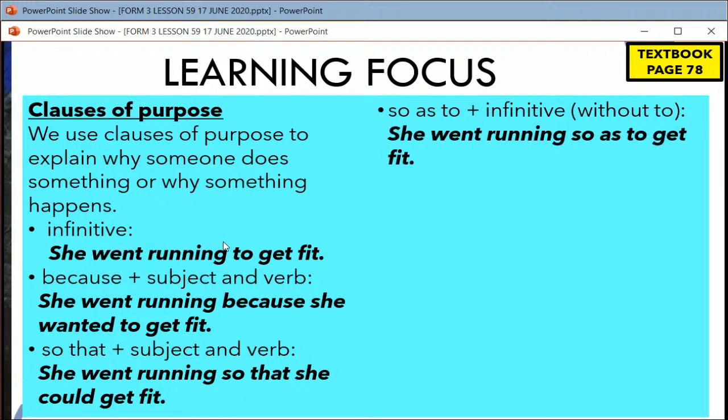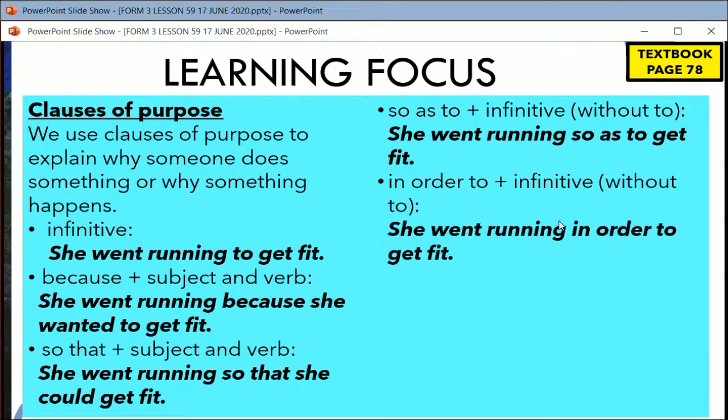So it becomes she went running so as to get fit, because you already have to here. So as to is one phrase by itself, right? Or in order to, again because to is here, when you use the infinitive it is without to. She went running in order to get fit.